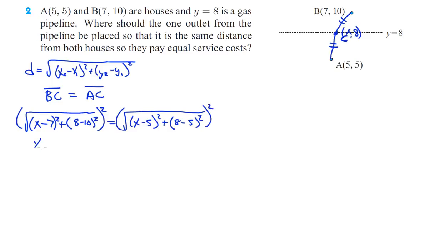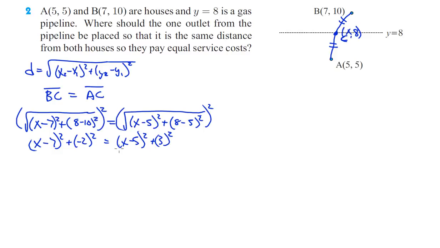So now we just have x minus 7 squared, and then we have 8 minus 10 squared, so I'm going to rewrite that as negative 2 squared. And then we got x minus 5 squared over here, and then 8 minus 5 is 3 squared. Okay, so we can simplify these two fairly easily.